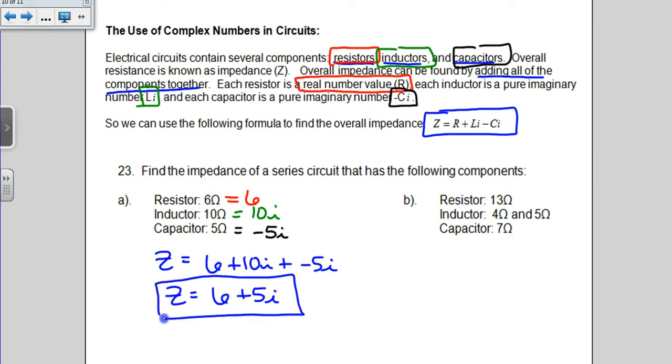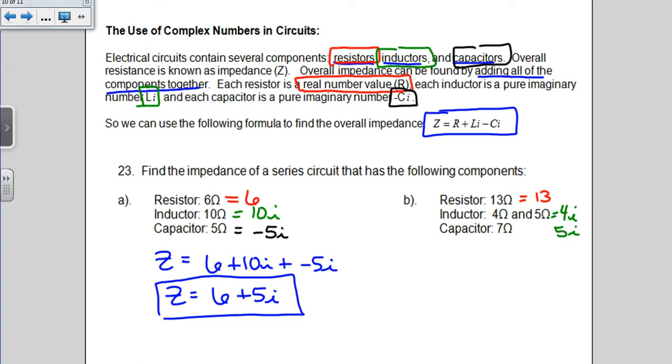And you don't have to know anything more about that other than that's what it is. So we're going to try the next example. The resistor is 13 ohms, so we're just going to call that a 13. The inductor, there are 2 inductors on this particular circuit, and they're 4 and 5. So we're going to call that 4i and 5i.